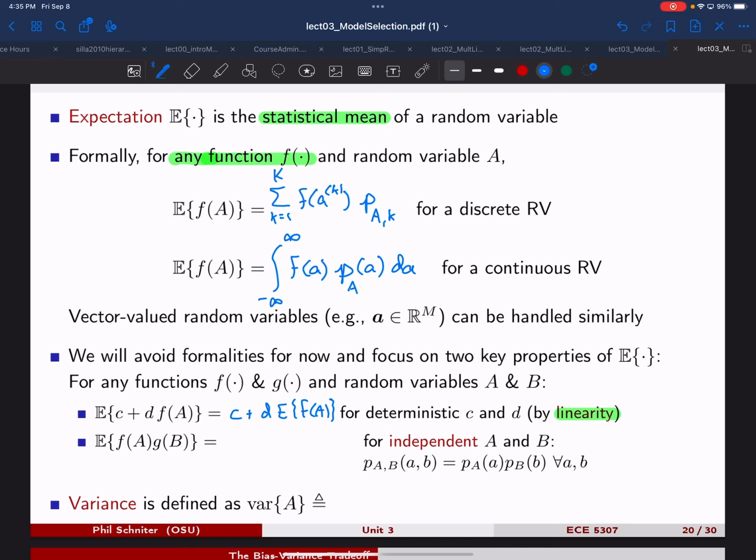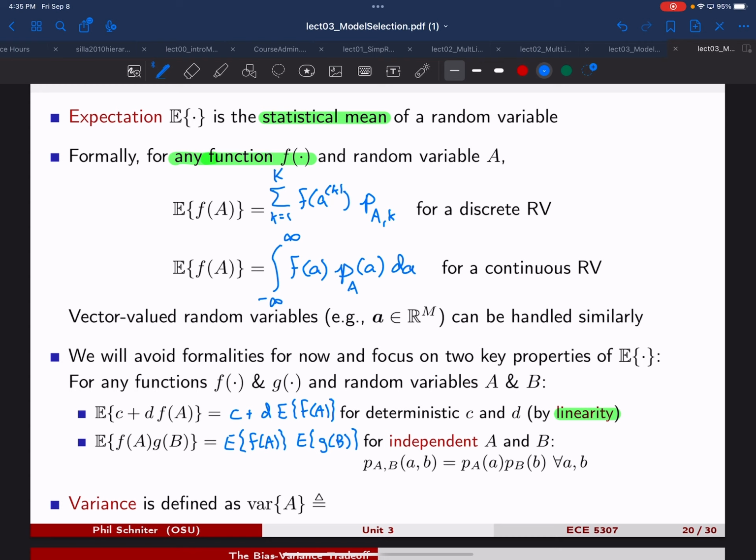No. What about Jijuan He? What do we get here if A and B are independent? Exactly. We get the expected value of the first one times the expected value of the second one.